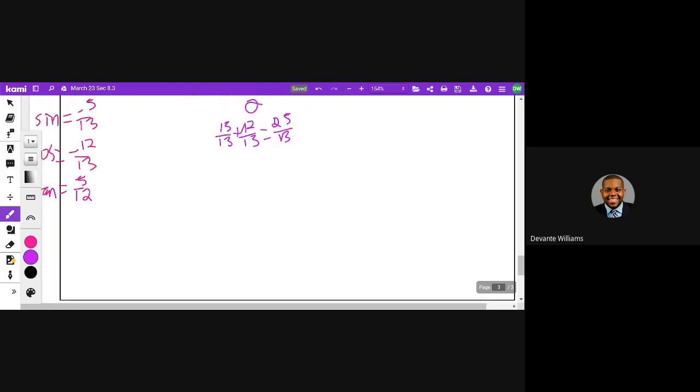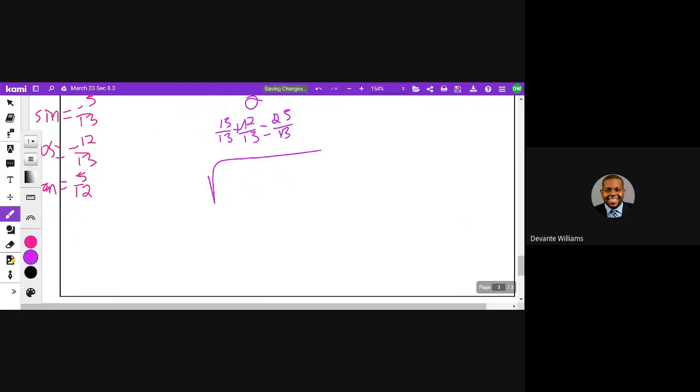So now we have the square root of 25 over 13 divided by 2. All right, stay with me. When you divide by 2, it's the same thing as multiplying by 1 half: keep, change, flip.